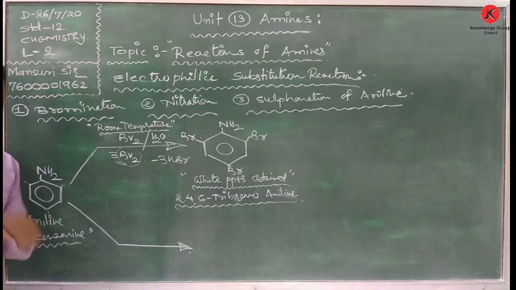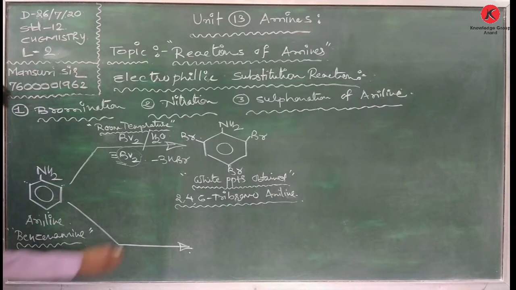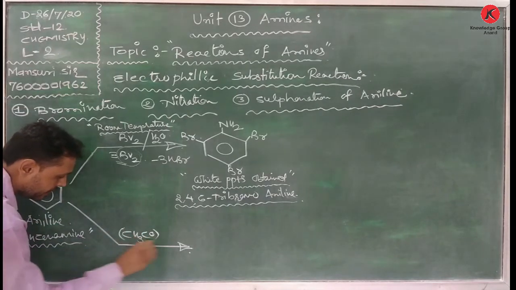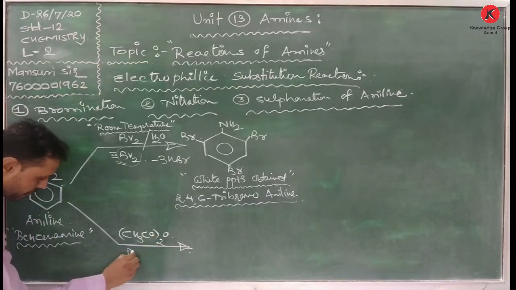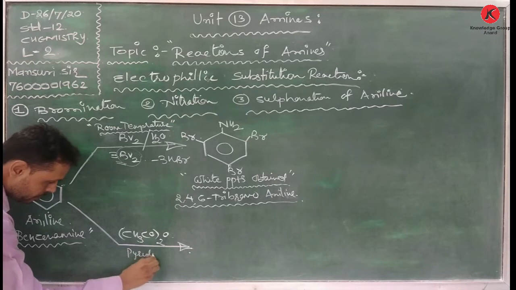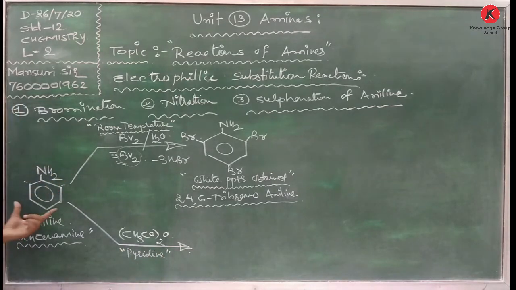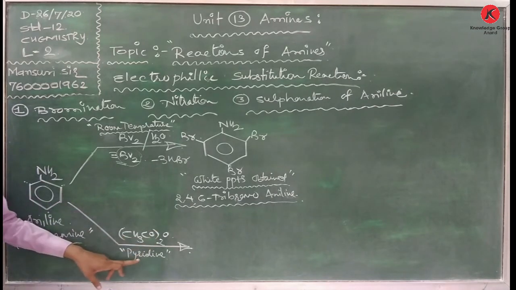Now which one is the first step? First, acylation would be there. When aniline reacts with acetic anhydride, (CH3CO)2O, in presence of pyridine, which is a base, then what will happen?